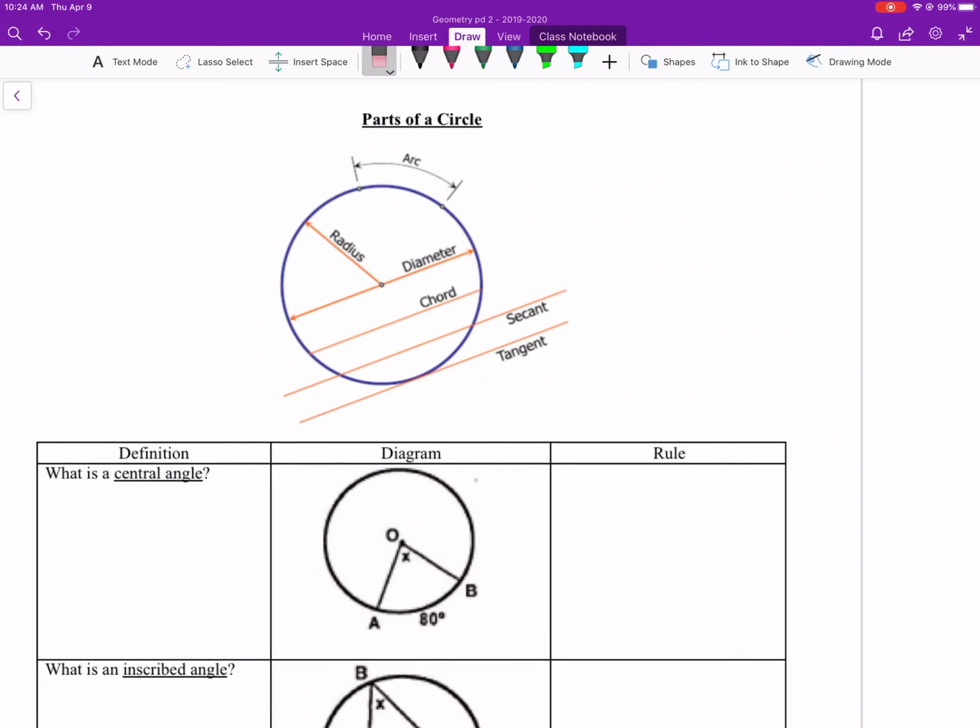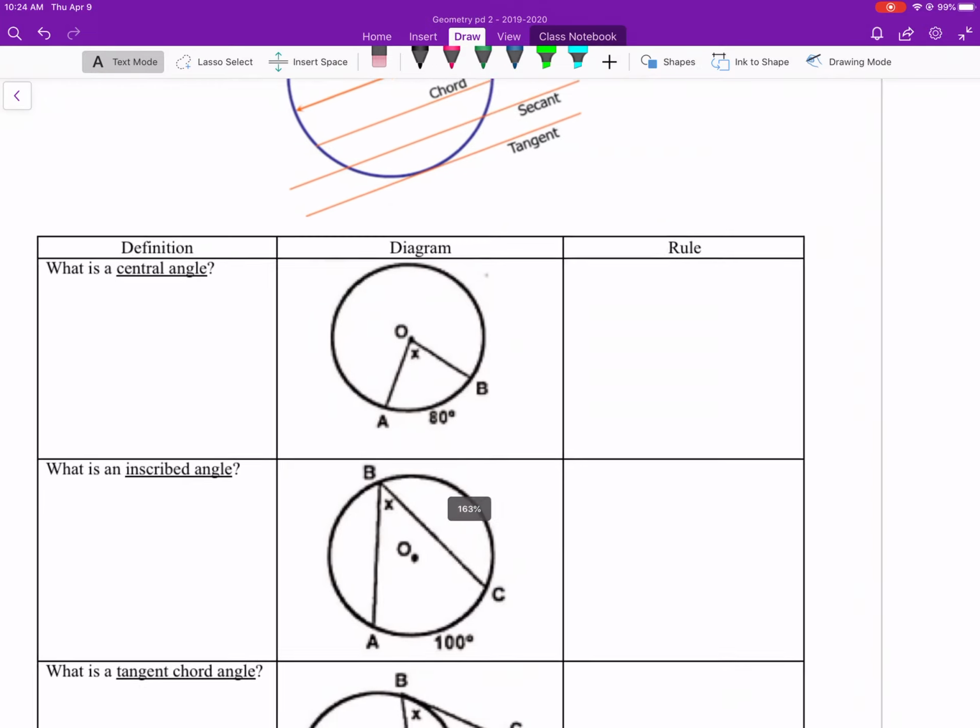Maybe this arc right here is 60 degrees, 50 degrees, but it's good to be able to guesstimate how many degrees it would be based on what percentage of the circle it is. So the big idea here, guys, just like normal angles where two lines come and meet, arcs also have angle measurements. We're going to learn some rules today about how to find the measure of certain arcs.